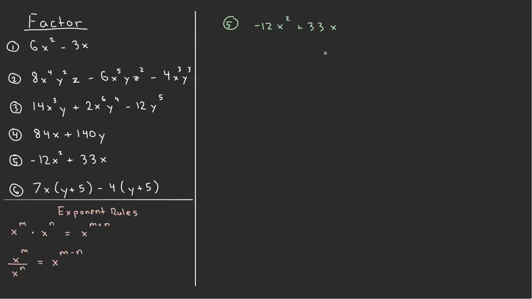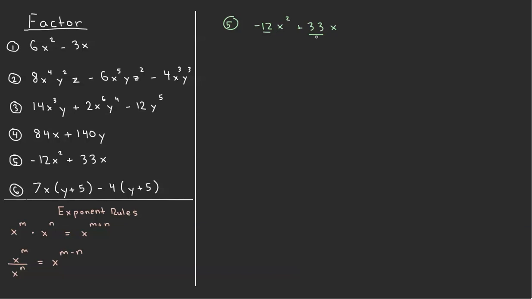Okay, so I wanted to put this example here just to demonstrate that we could always take out a negative, or we could always factor out a negative. This may be useful for future cases. So we're going to look at negative 12 and 33. So essentially for 12 and 33, what's the largest number that will go into both of these?